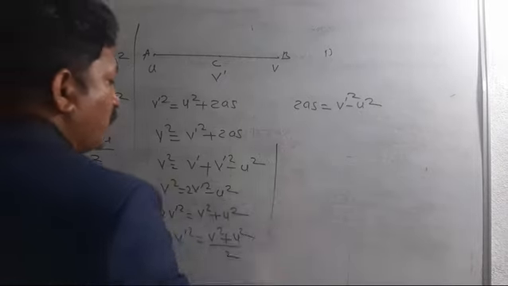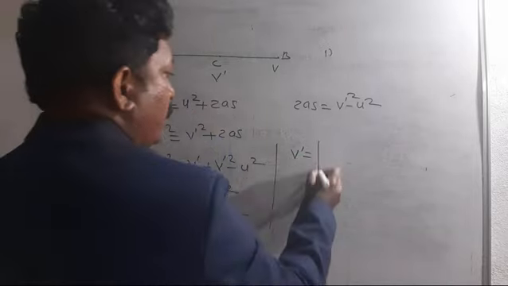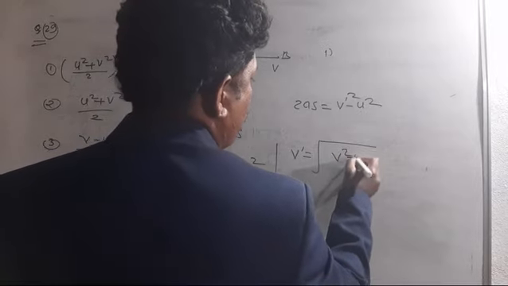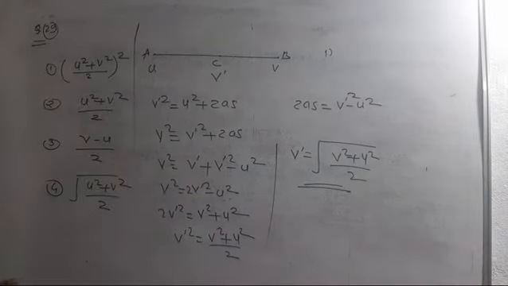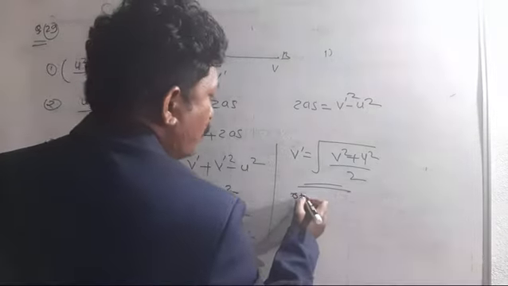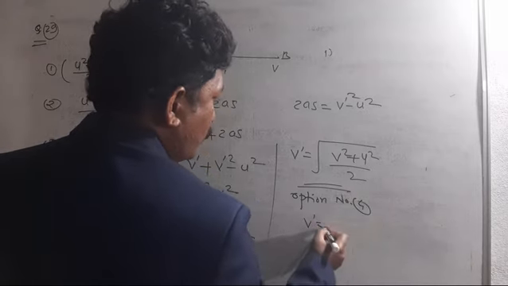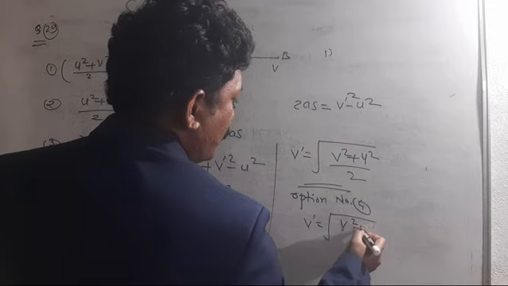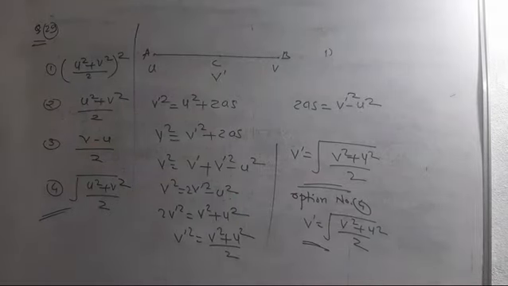Then v dash, the velocity of the midpoint, is equal to the square root of v square plus u square divided by 2, and this answer matches option number 4. Option number 4 is the correct option, that is v dash is equal to root of v square plus u square divided by 2. Complete question number 29.